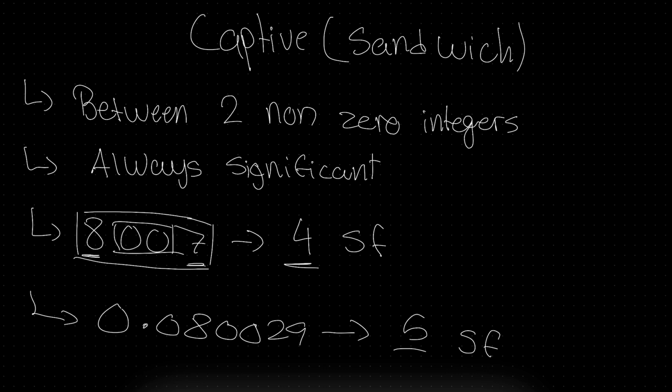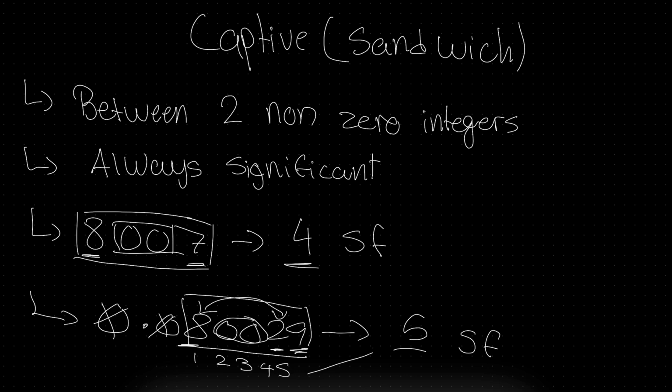As we can remember, leading zeros, these two zeros are not significant because 8 is the first non-zero digit. 9 is the last one, and 2 also comes before these two zeros. These two zeros are in between the 8 and the 2, meaning they are also significant. And now we can count 1, 2, 3, 4, 5, leading us to 5 significant figures.